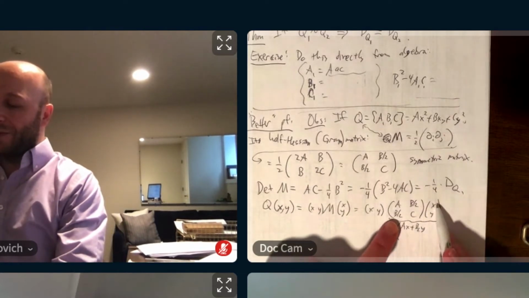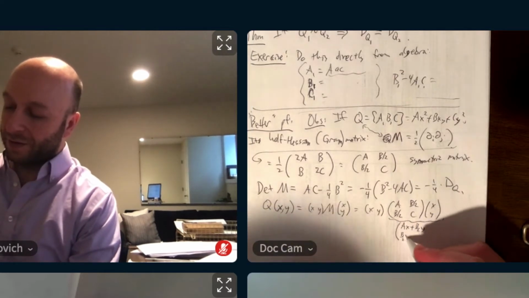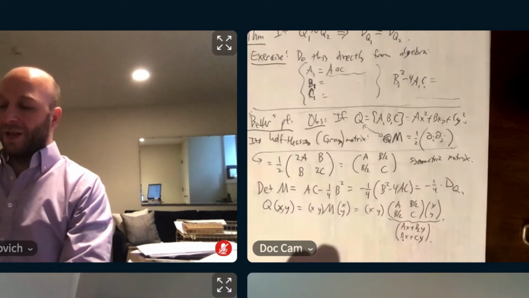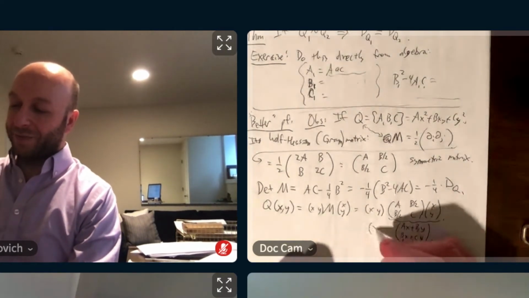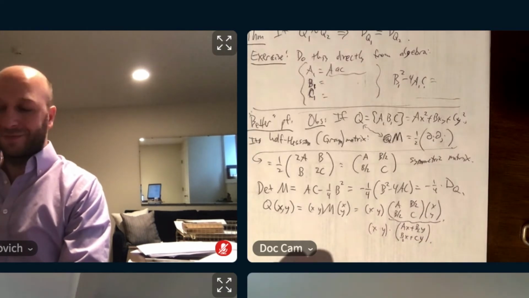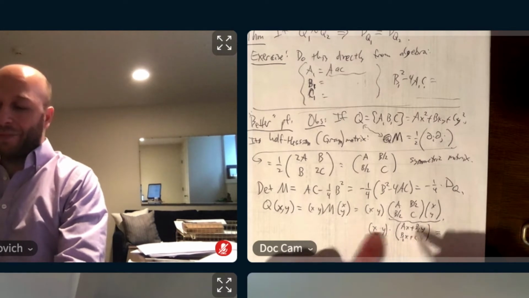And what does the bottom come out to? B over 2x plus cy. And now I want to take that and multiply it by the row vector xy. Well, that's just the dot product of these two things.